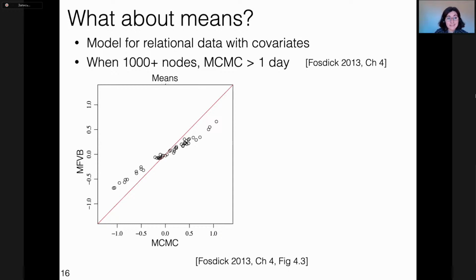Okay, what about means? We've talked about standard deviations now. But do we know that mean field variational Bayes gets posterior means right? Well, let's think about what we've done so far. I've shown you 2 empirical examples. I've shown you the posterior means being correct on the Microcredit example, and on the Criteo online ads example.